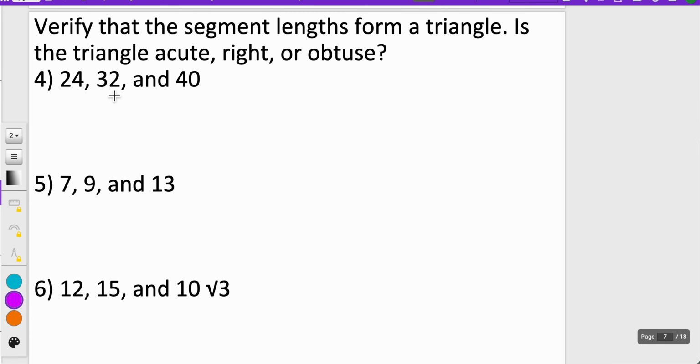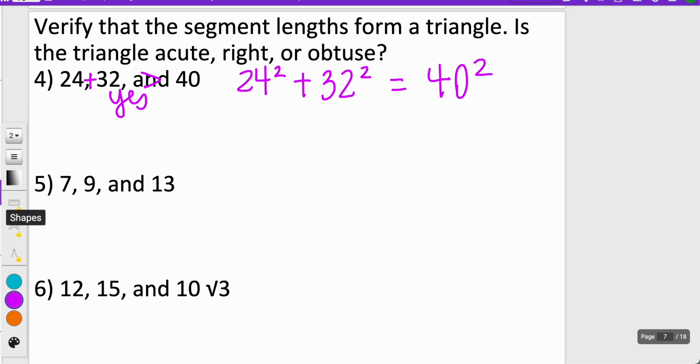Okay, number 4, 5, and 6. Is it a triangle first, and then is it acute, right, or obtuse? So the first thing we want to do is add the two smaller sides to see if it's greater than the third, and yes, it's a triangle, because 24 plus 32 is 56, and 56 is greater than 40. So then we would just see how that plays out. 24 squared plus 32 squared compared to 40 squared.